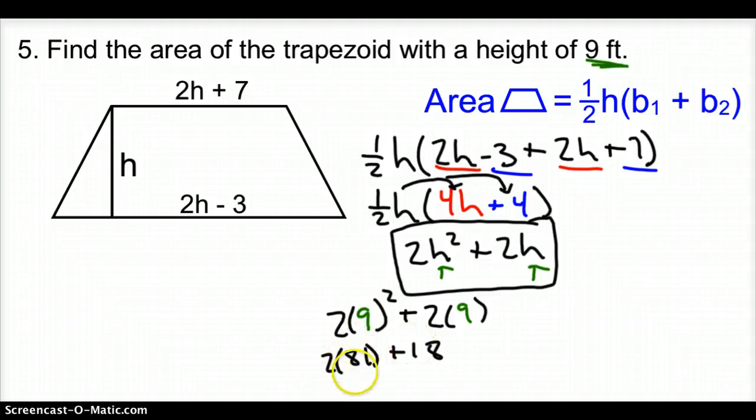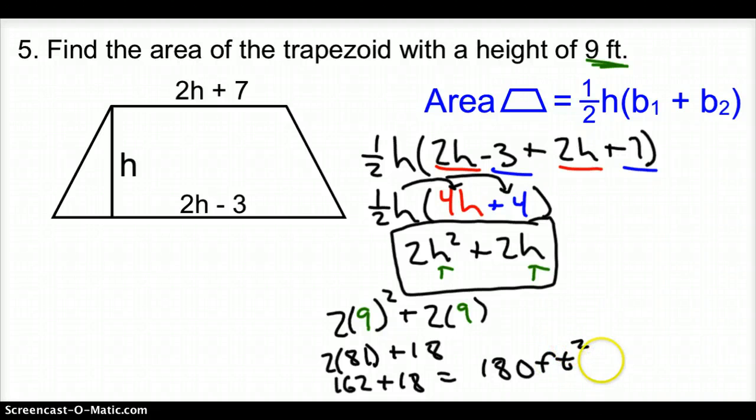Then 2 times 81 is 162, plus 18, and then we add this up to get 180, and now we're looking for area. Area is measured in units squared. What are our units? We have feet, and so it is feet squared.